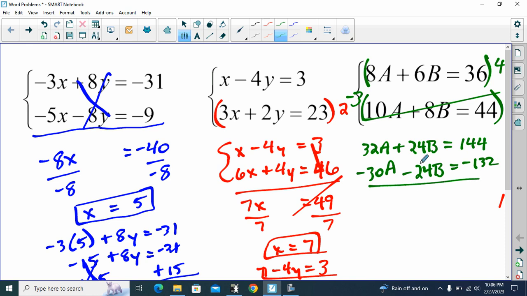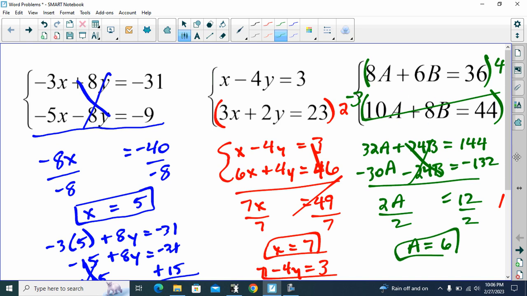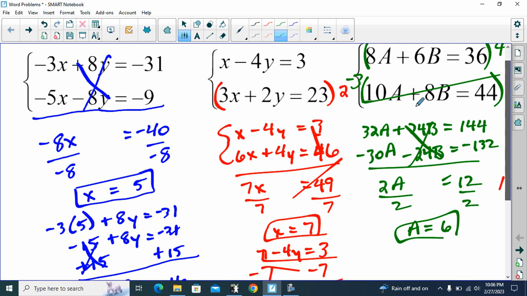Adding the equations together, our b's cancel. I'm left with 2a equals 12. Dividing by 2 gives me a equals 6. Plugging 6 back in, I'm going to plug it into the bottom equation.